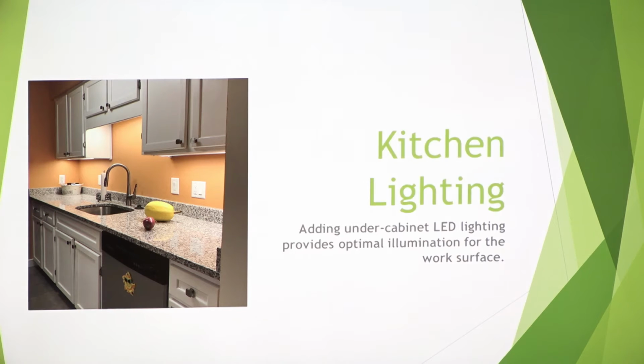And then lighting is one of the key things for kitchens, in the whole home actually, but especially in the kitchen. If you're preparing food and cutting, you really want to have lighting on the countertop. These inexpensive LEDs, everything's LED now.